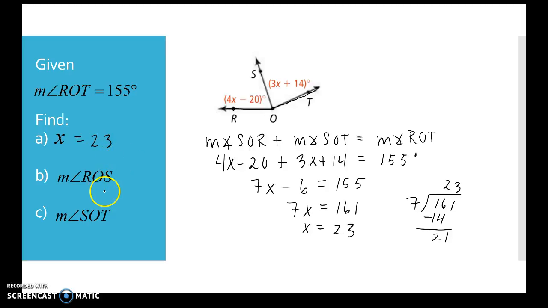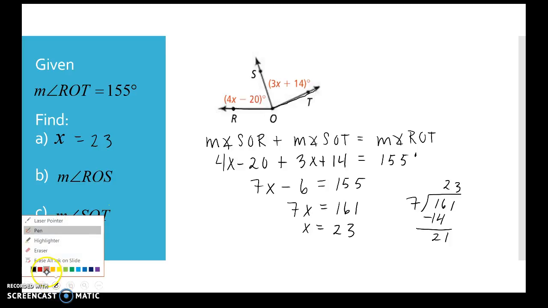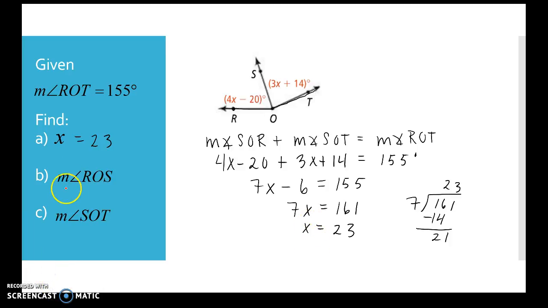So now to find the measure of angle ROS, I'm going to take my value of 23 and plug it in to the expression for ROS. For the measure of angle SOT, I'm going to take my value for x and plug it into that expression. So for homework, complete those two and find the measure of angle ROS and the measure of angle SOT.